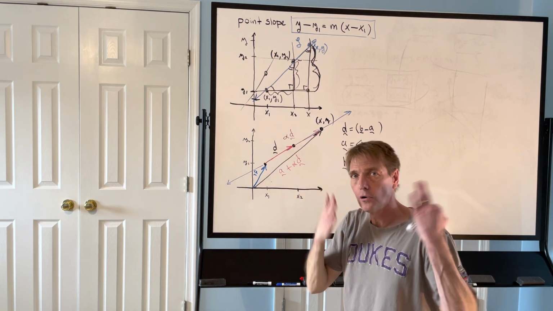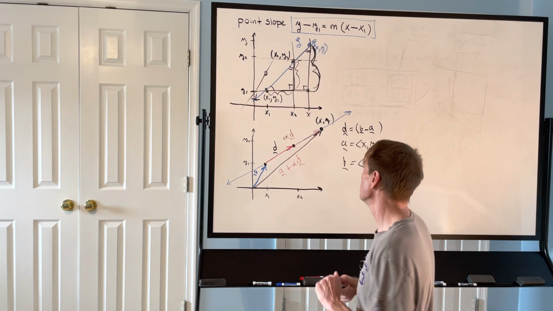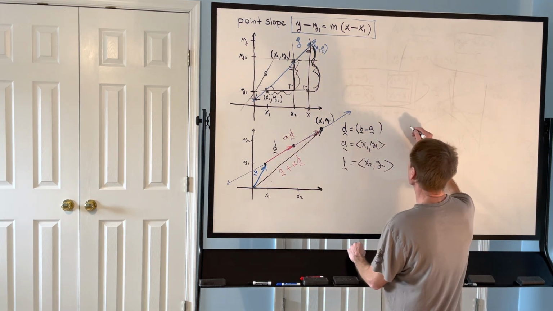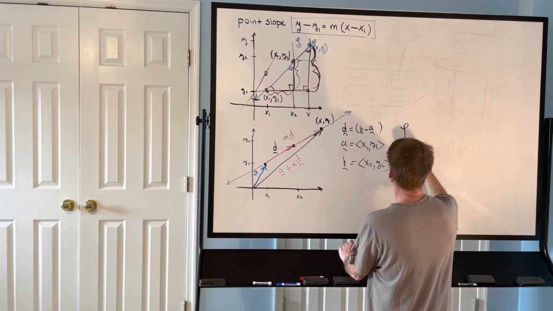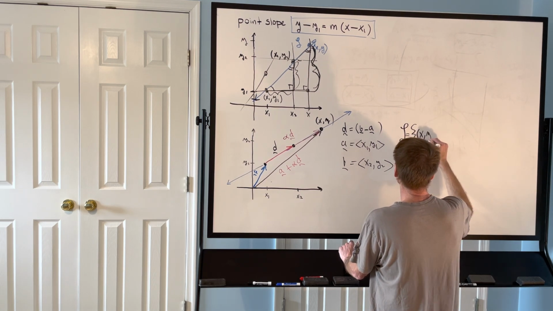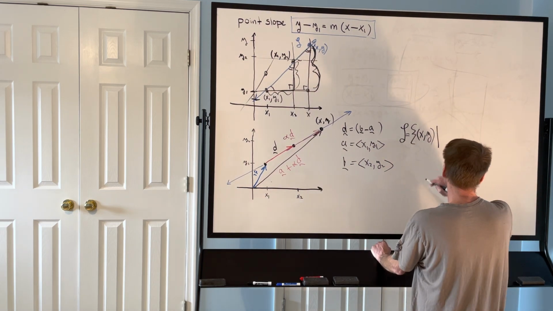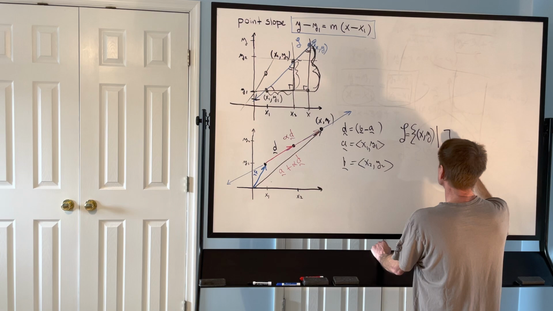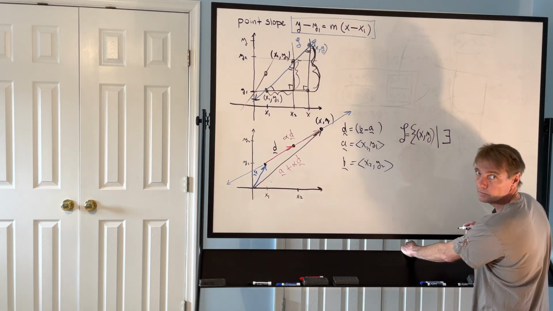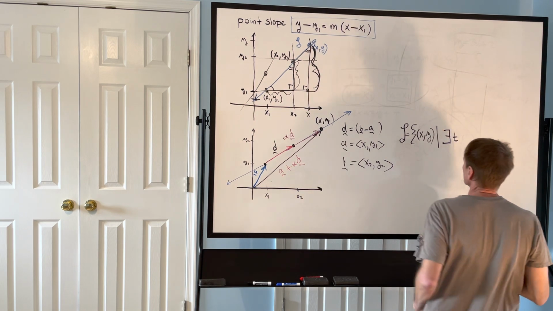And this is another way to talk about our line L. We can say that L is equal to all the points x, y, such that, what's that word mean? There exists, and I'm going to use t instead of alpha because that's what the book uses.